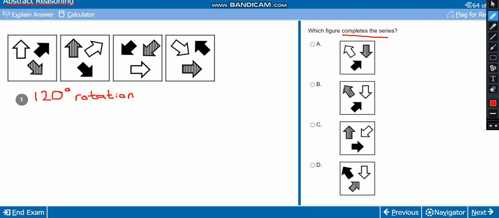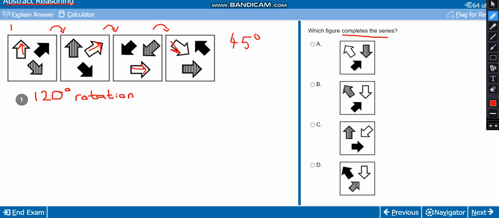If we focus on the first box, we can see that the white arrow is pointing upwards, and then it points in a diagonal direction, and then it points horizontally, and then diagonally again. And as we can see, after each box in the series, the arrow gets rotated by 45 degrees. The white arrow, that is.